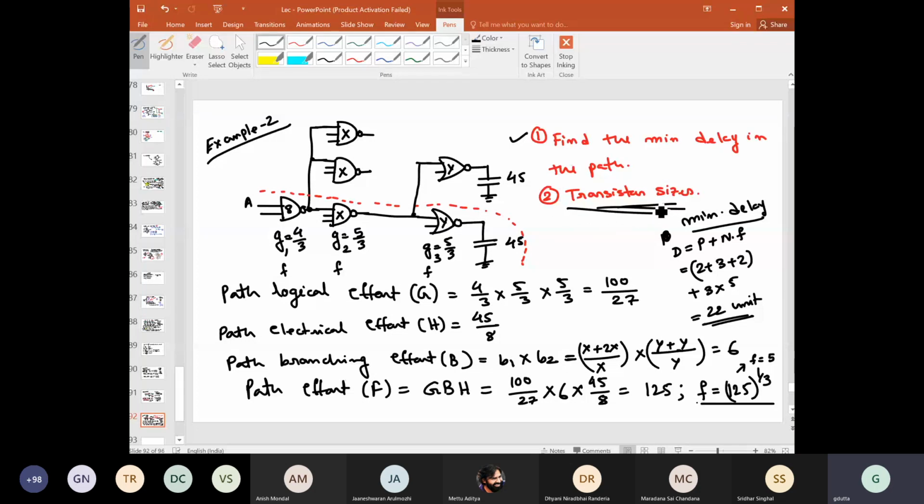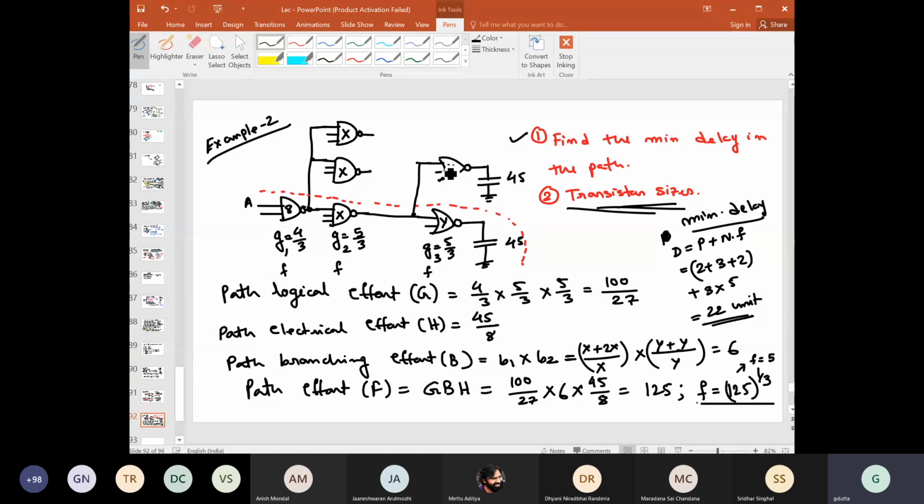Now we need to find what will be the width of each and individual transistor for each and individual gate, right? So again, to start with, we need to start from here, because here the C output we know. Then we can find the value of Y. Once we know the value of Y, then we can find the value of X, right?